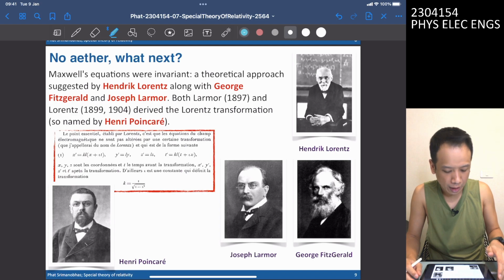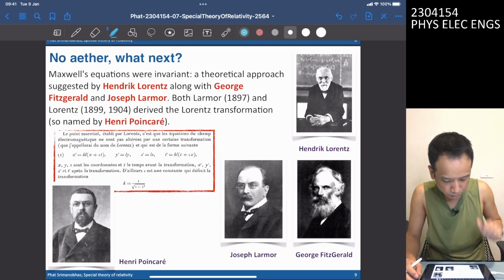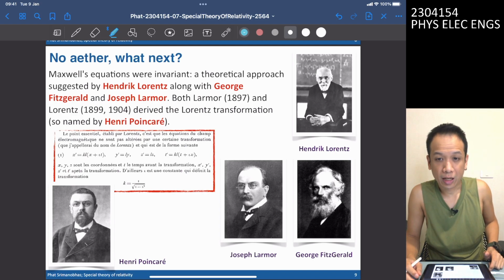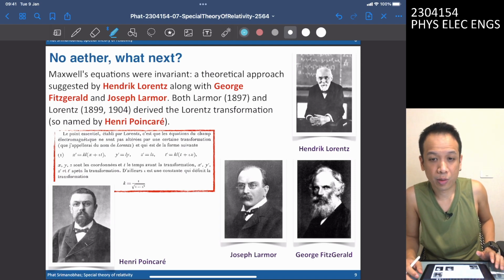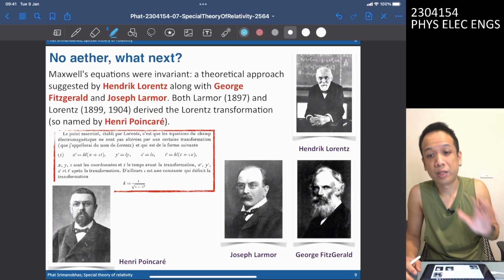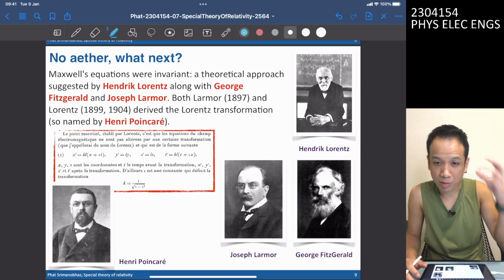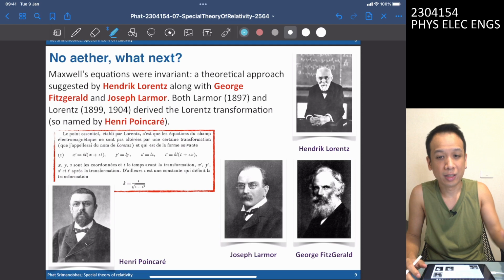He tried to describe the electromagnetic theories with the presence of these transformations, and he called this transformation the Lorentz transformations. So this is the very beginning of the special theory of relativity. It did not pop up from the brain of Einstein. No, it's coming from long development.